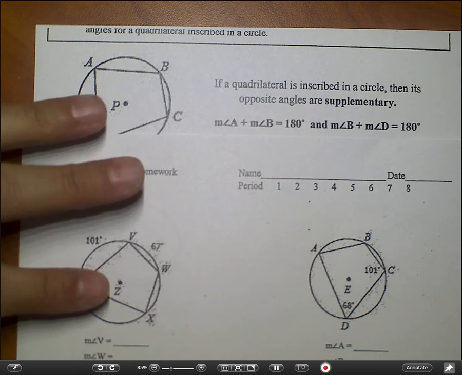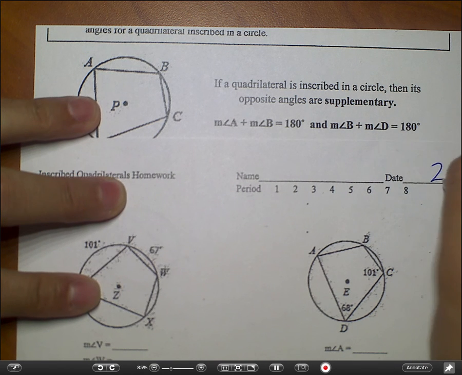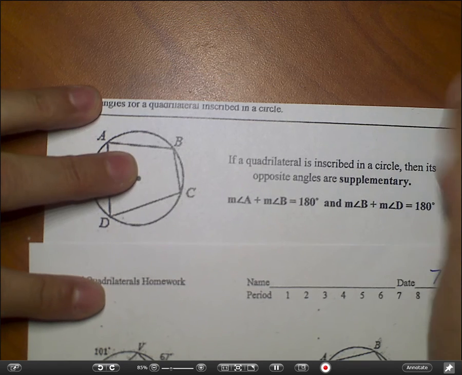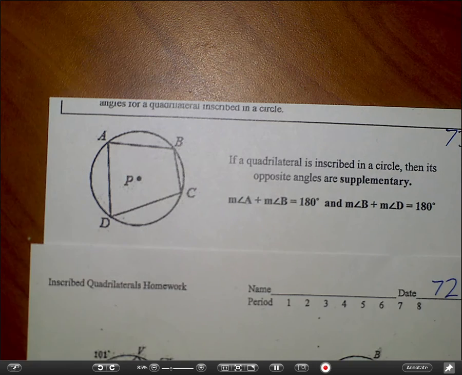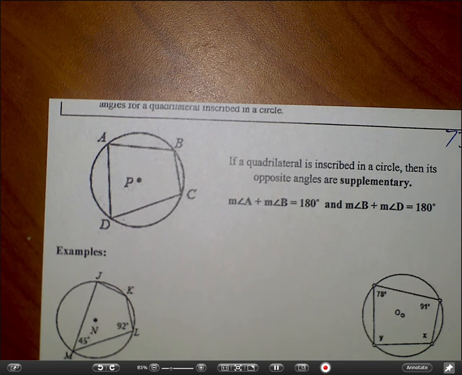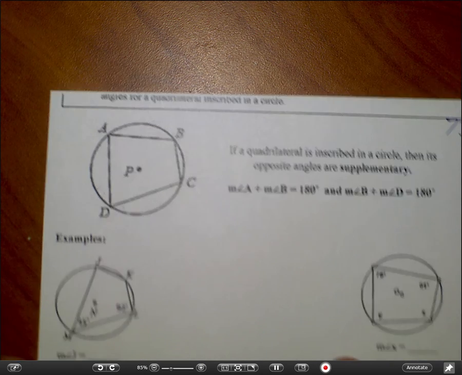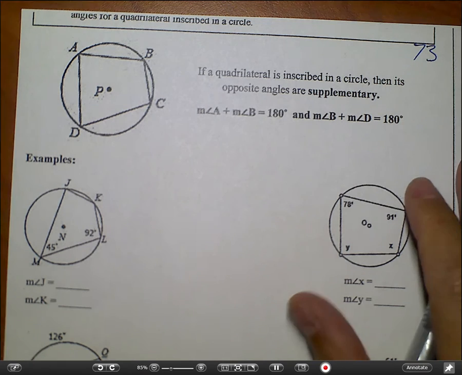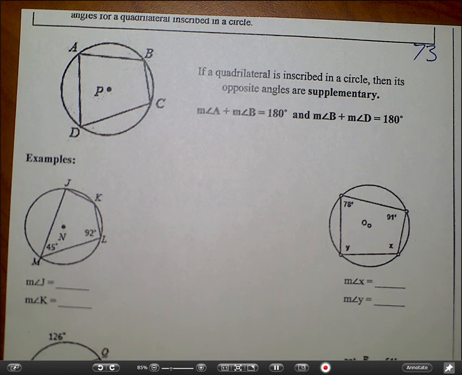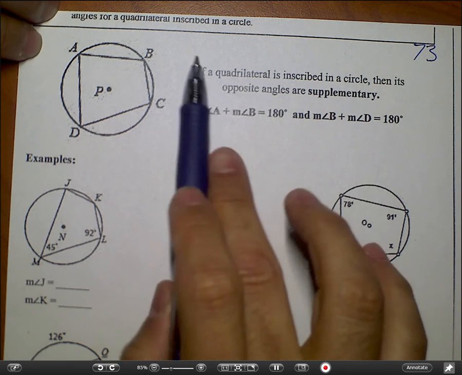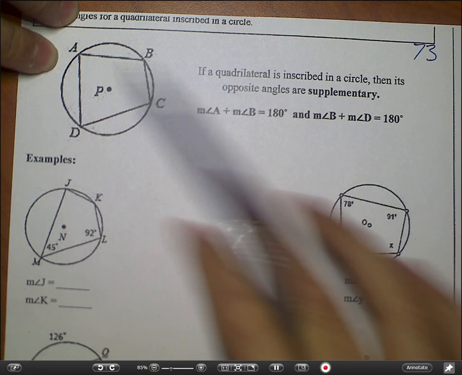This one right here is going to be 72, and this one right here is going to be 73. Right here, this is going to go with my formula for this.